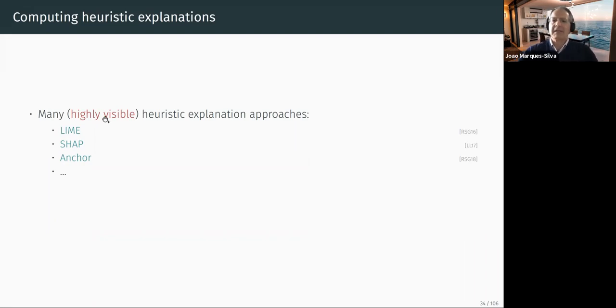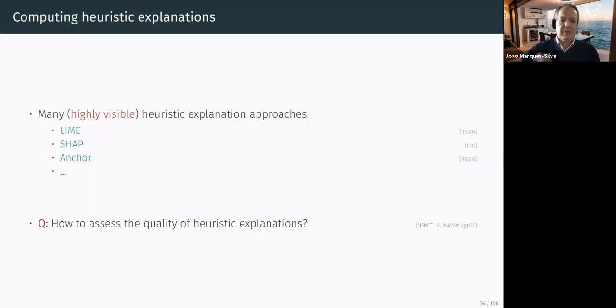They have had a huge impact. And so what we set out to do is understand whether these heuristic explanation approaches offer any guarantees of quality. And I'm going to show you two scenarios under which we measure the quality of heuristic explanations.